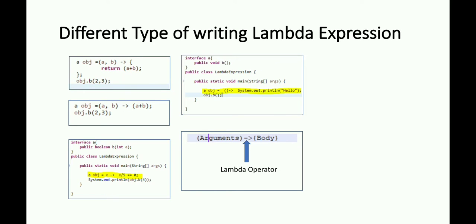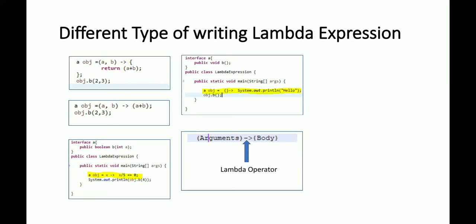So different types of writing lambda expressions. First, if you see, we need not mention the data type of the inputs which are getting passed. Second, we need not write the curly braces if the main logic which we are going to write in the lambda is of a single line.